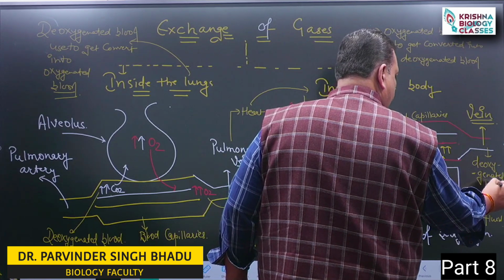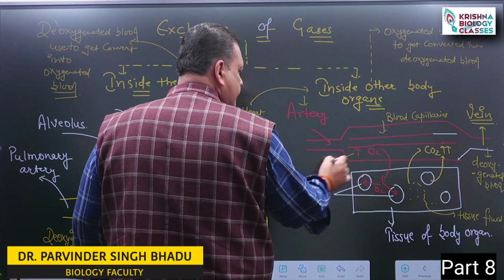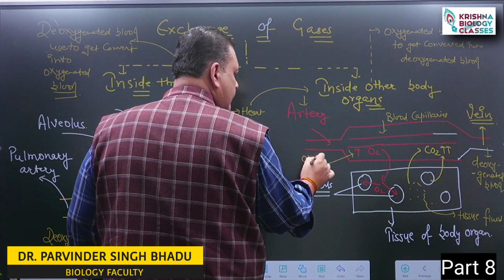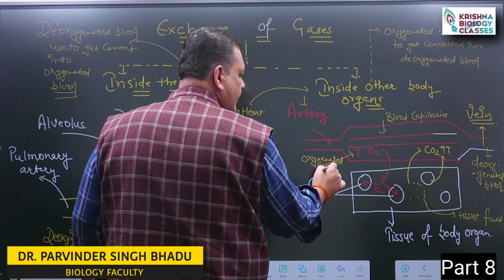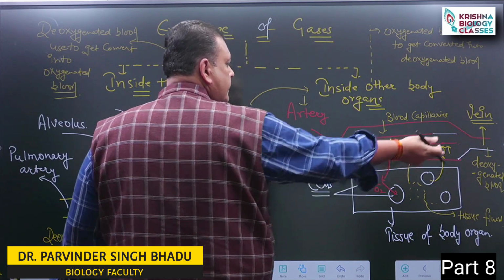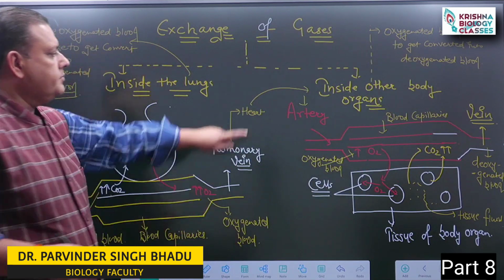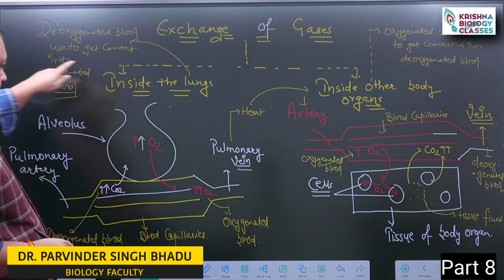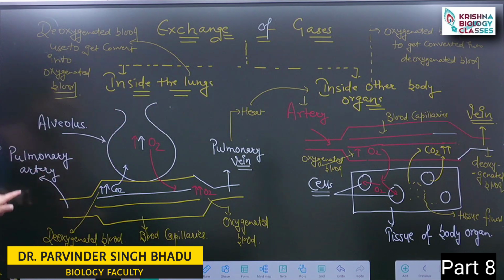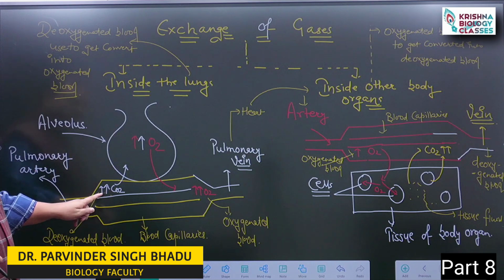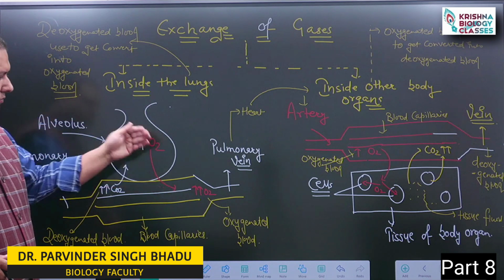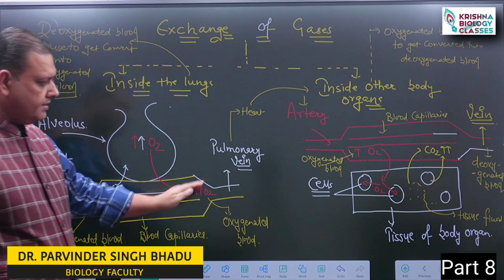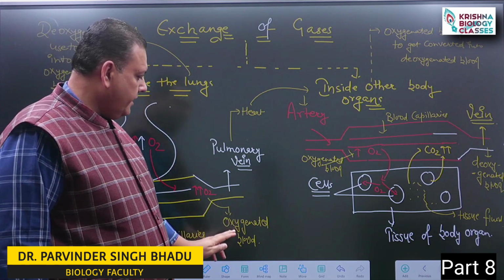So here the blood was oxygenated, and it gets converted into deoxygenated. This deoxygenated blood again comes back to the heart. The heart brings it inside the lungs. Inside the lungs, for deoxygenated blood, more CO2 will enter the alveolus, and oxygen will enter from the alveolus into the blood capillaries, becoming oxygenated again.